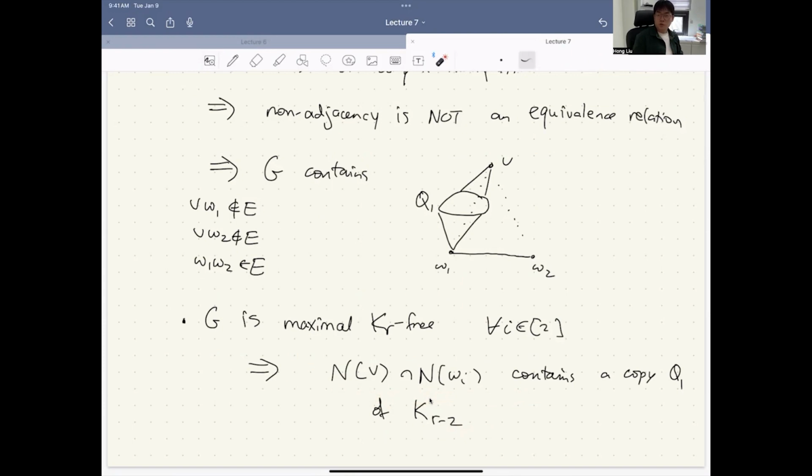We are still not creating any copy of KR, contradicting the maximality of G. Similarly, let me draw in color blue. You have something like this in the co-neighborhood of V and W2. And that's it. That's a 5-wheel-like graph.